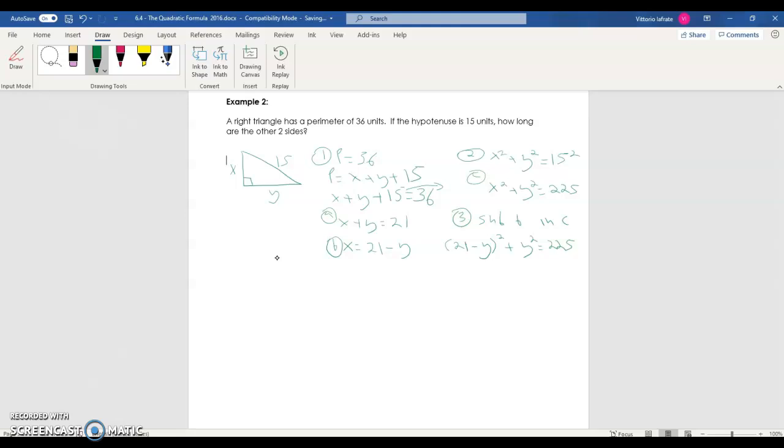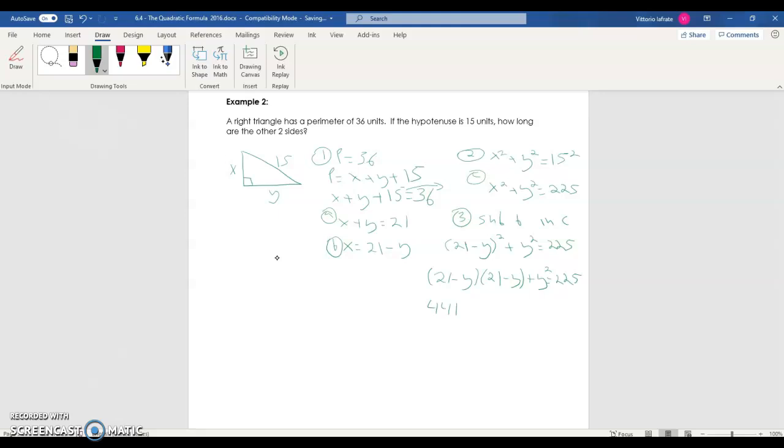So let's expand this. I'm just going to do the work off to the side here. So we have 21 minus y times 21 minus y, because that's what 21 minus y squared is, plus y squared is equal to 225. And if you carry this out, you'll get, so 21 times 21 is 441.